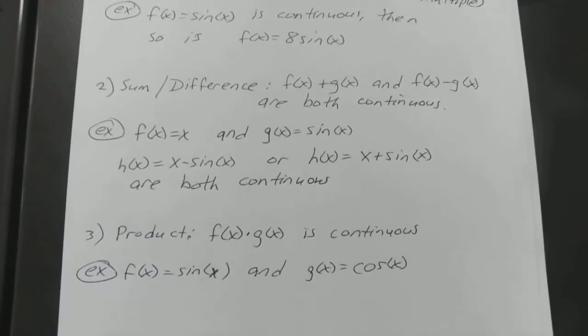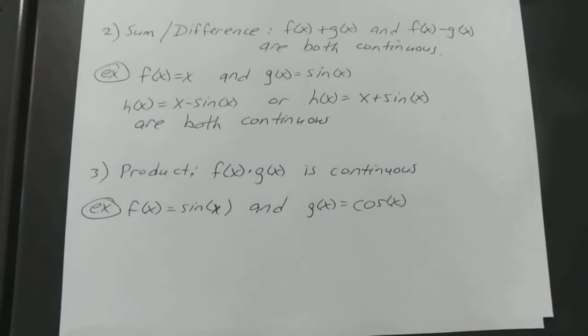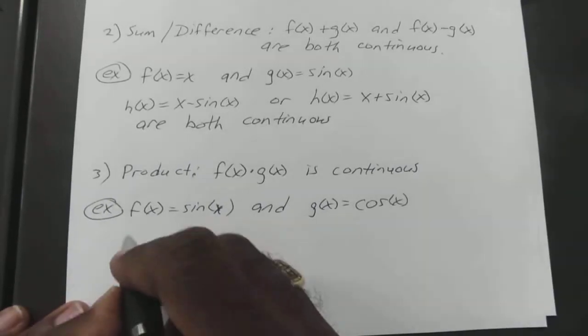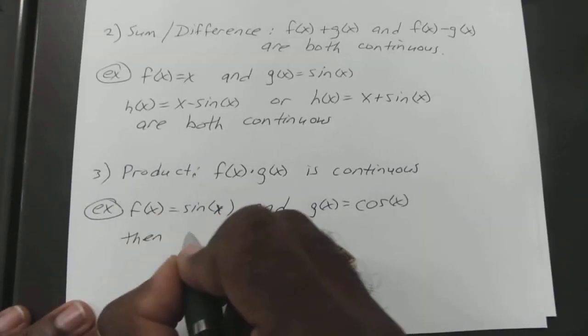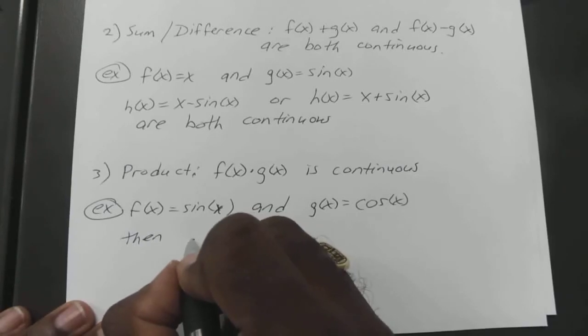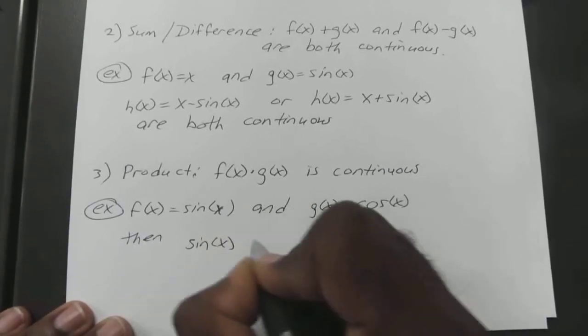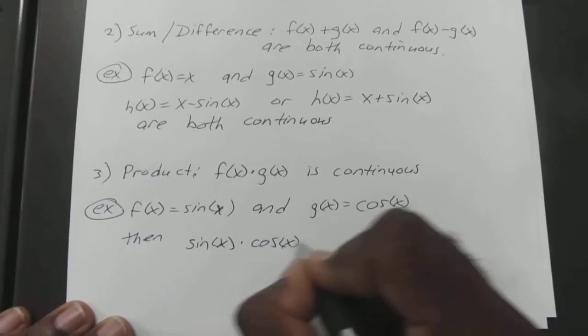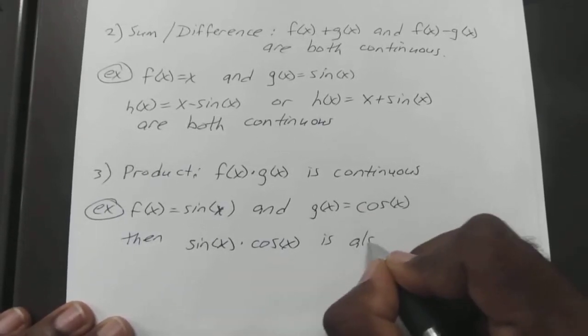Both of those are continuous. You plug in x for anything, it'll exist. If you multiply them together, it will still be continuous. Then sine of x times cosine of x is also continuous.